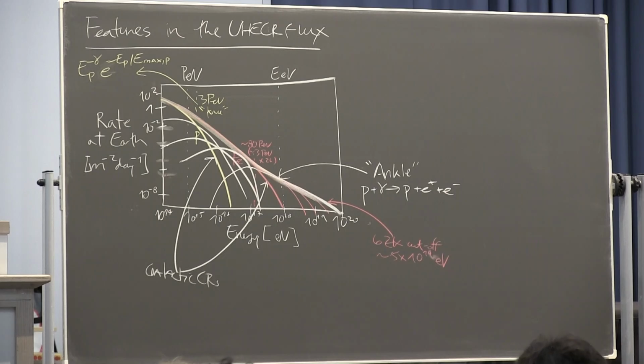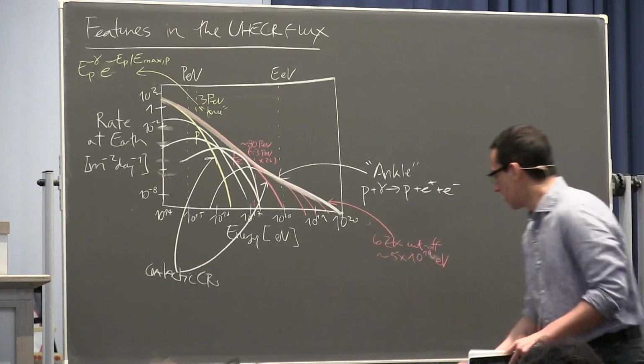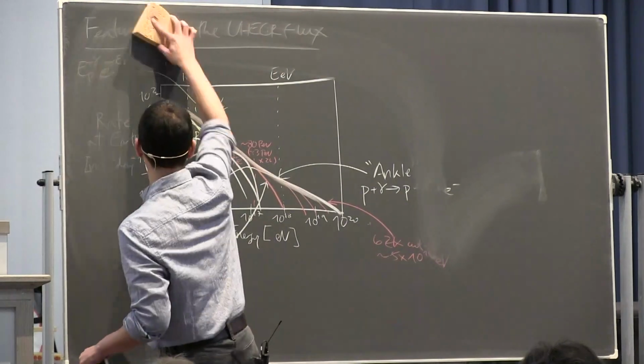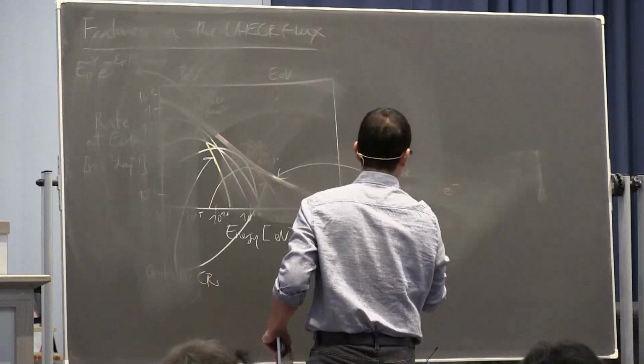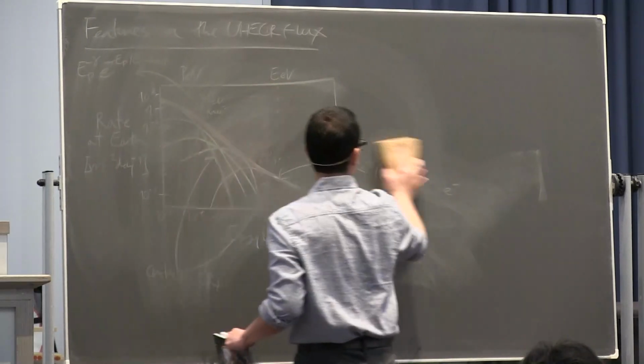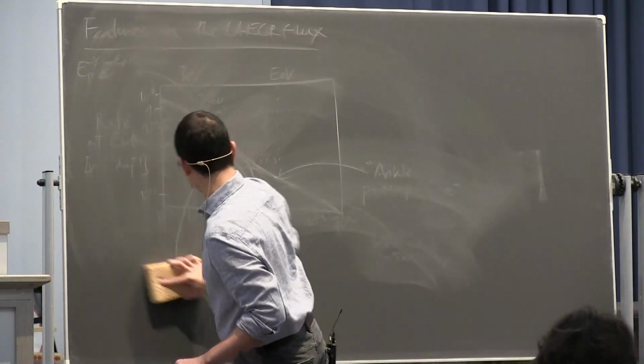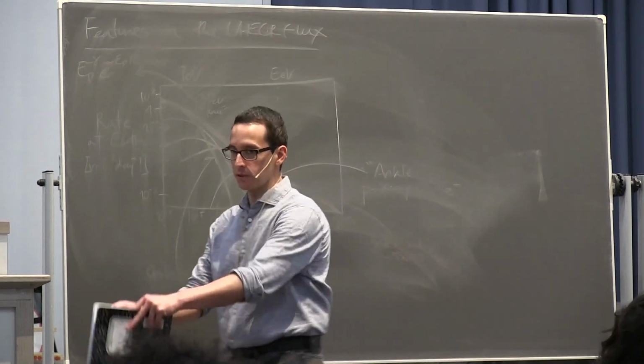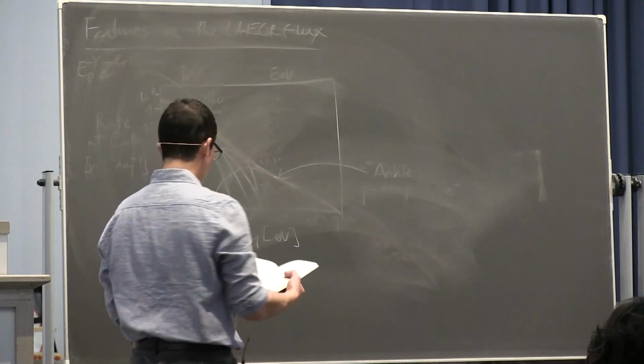Okay, any other question? Okay, good. Let me talk about something I've been mentioning in passing, and then after that, I think I will switch to talking about neutrinos, because now we have all the tools to do it.